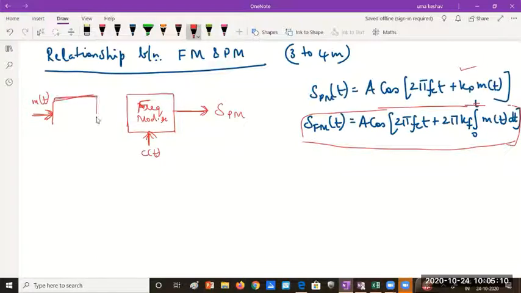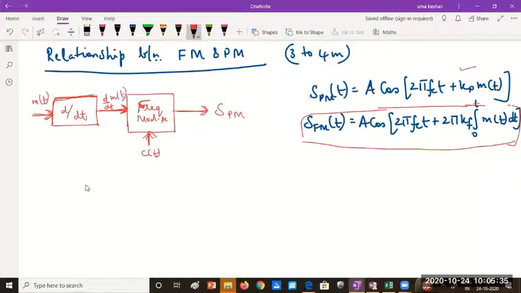You have to simply differentiate the message signal. So why differentiate? On integrating again, it becomes m of t. Exactly. Can you write the equation now? So here you are going to give d by dt of the message.